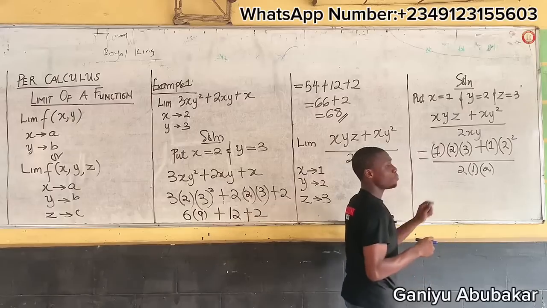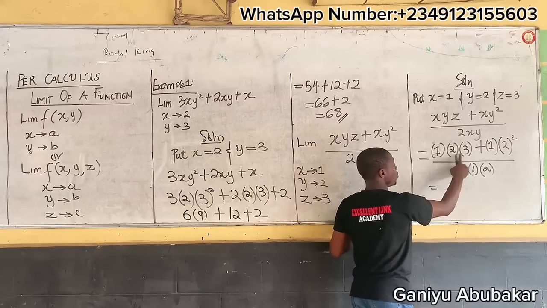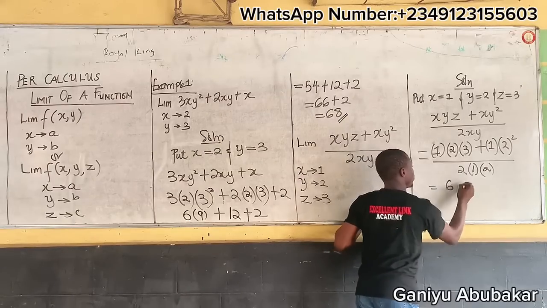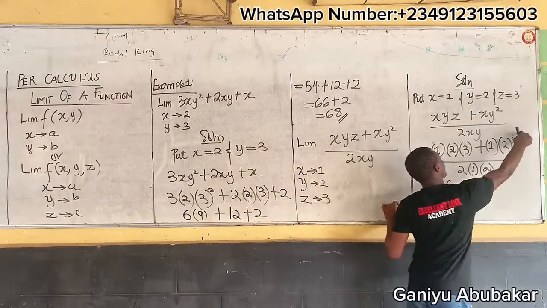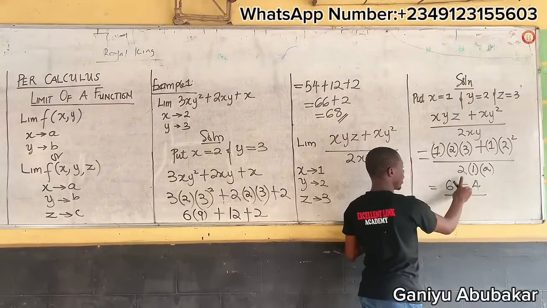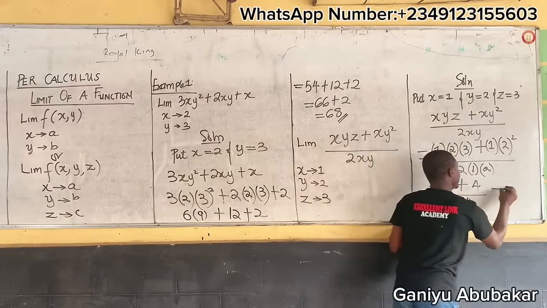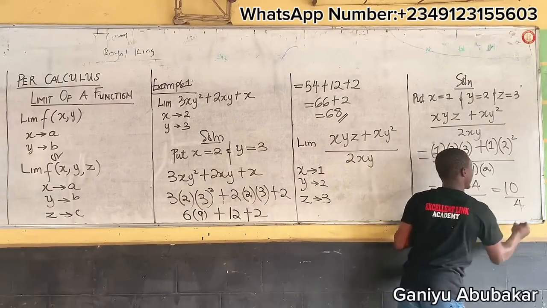If I solve this, I shall have 1 times 2 is 2, times 3 is 6, plus 1 times 2 squared, which is 4. This is 4 all over 2 times 1 is 2, times 2 is 4. This gives 10 over 4.